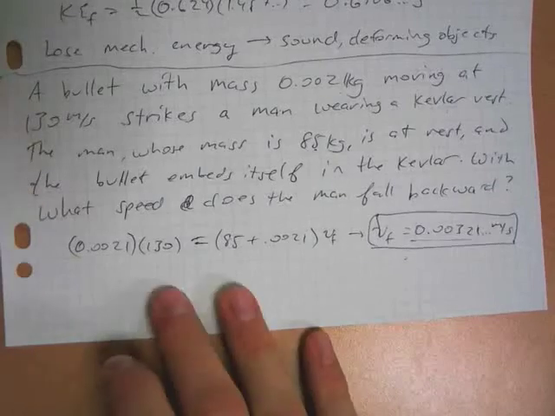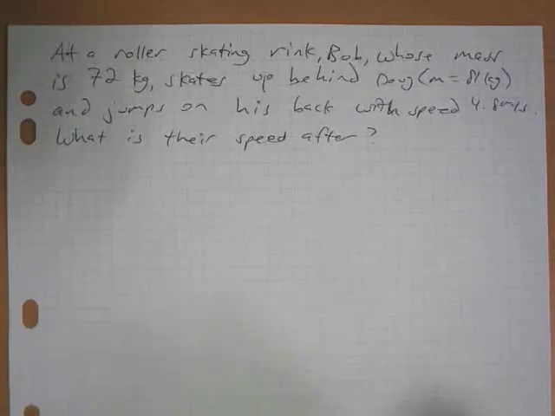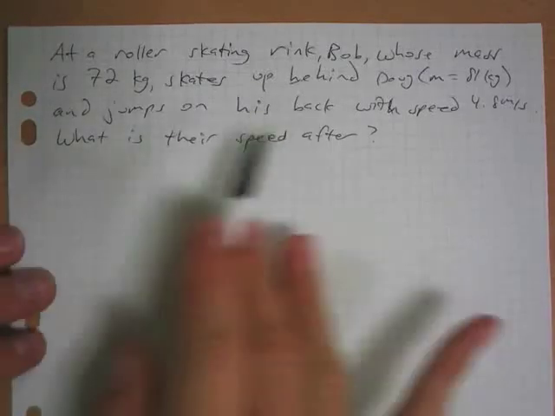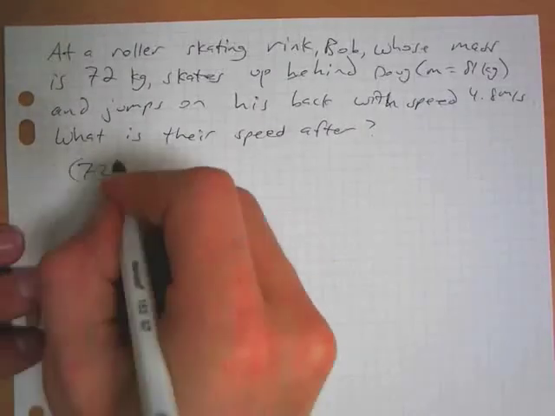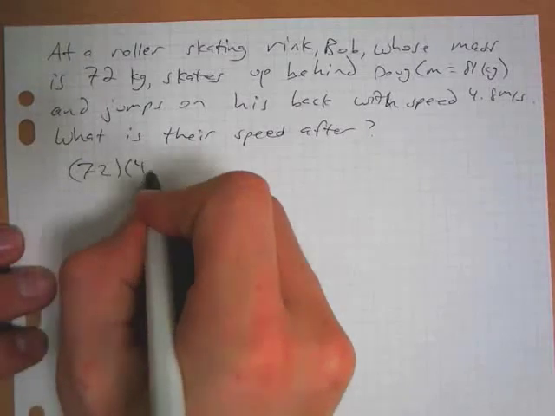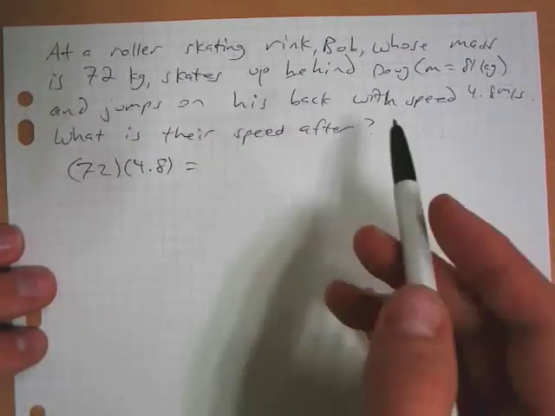At a roller skating rink, we've got Bob with mass of 72 kilograms, and he skates up behind Doug, mass of 81 kilograms, and jumps on his back with speed 4.8 meters per second. And then the question is, what is their speed after Bob jumps on Doug's back and they roll off with Bob on Doug's back? So our initial momentum, we have Bob moving along at 4.8 meters per second. Afterward, the two are together. So the physics of it is just like the bullet that gets stuck in the Kevlar.